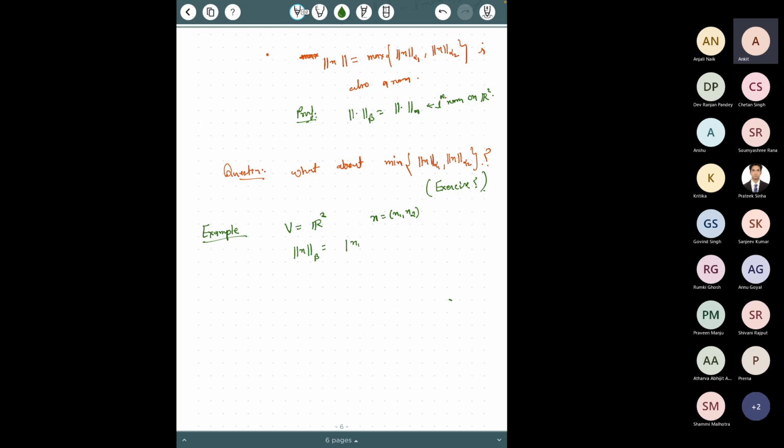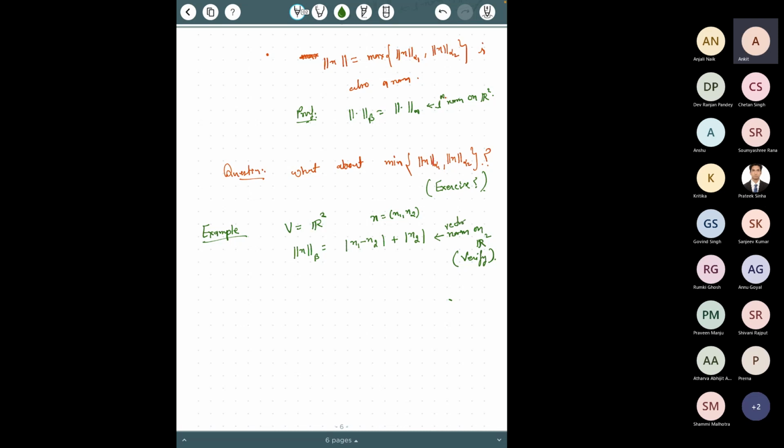So this is |x1 - x2| + |x2|. Now this function, you can verify that this is a norm on R2. This you can verify. So this function satisfies all the four properties of a vector norm, and therefore this function is a vector norm on R2.